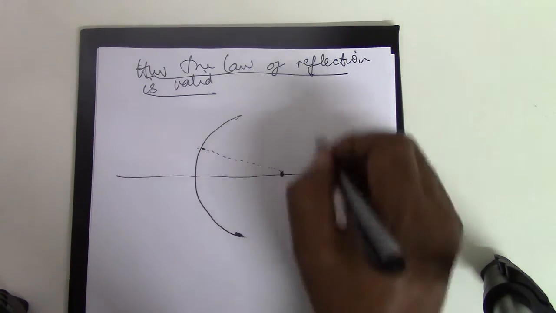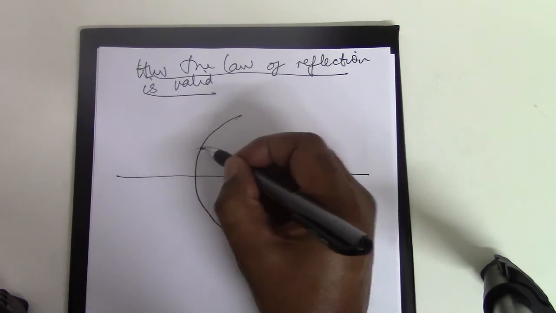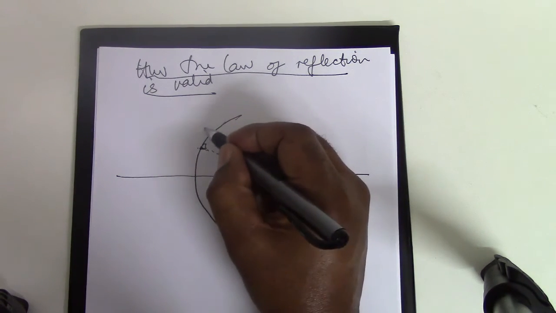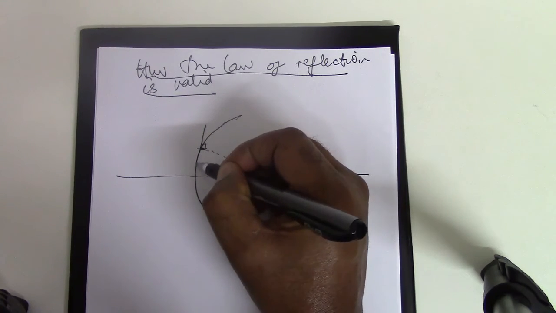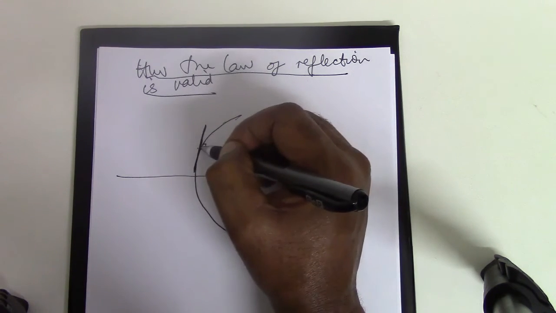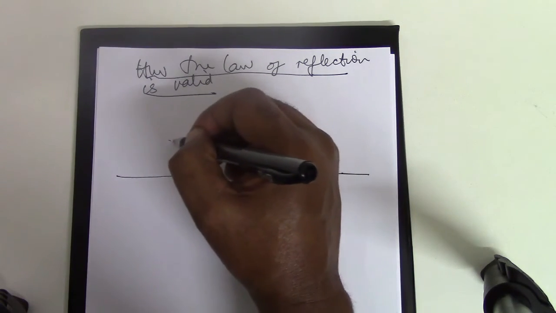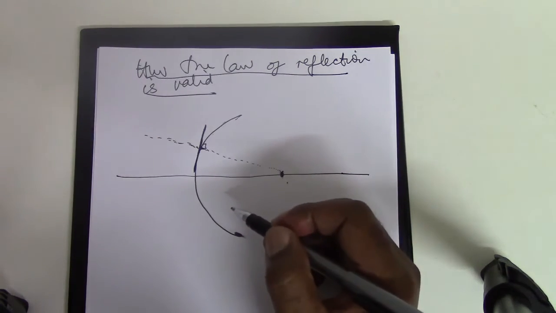It's a radius of the sphere. Wherever it touches the circumference, it makes an angle of 90 degrees. So if I draw a tangent at that point, then this same line becomes my normal.